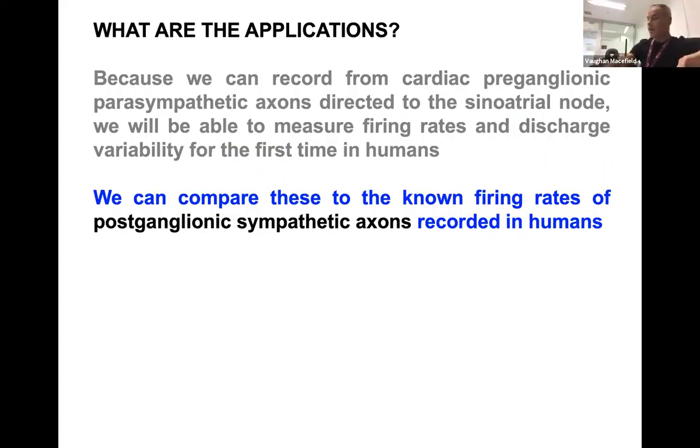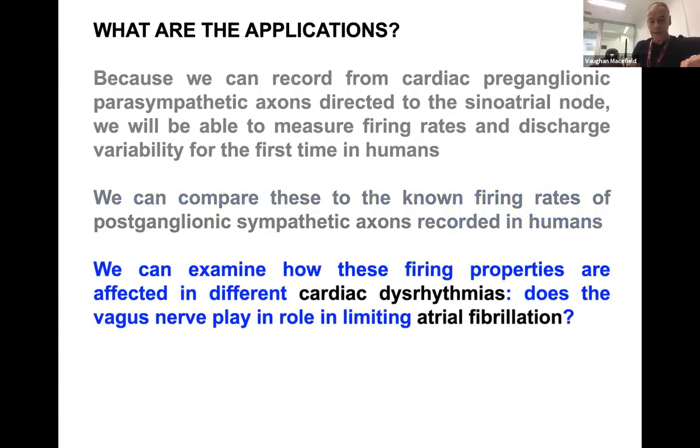Parasympathetic preganglionic axons, on the other hand, have higher firing rates, and they're myelinated axons. We can examine how these firing properties are affected in different disease states, different cardiac dysrhythmias. We can ask the question, does the vagus nerve play a role in limiting atrial fibrillation?